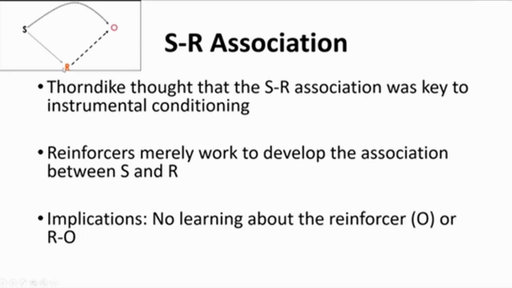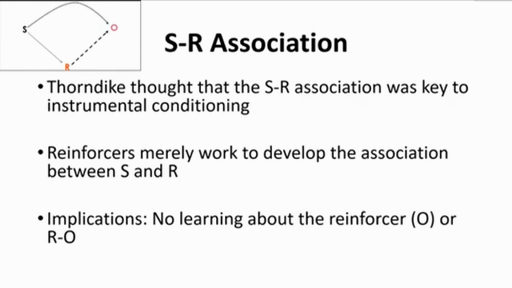And according to Thorndike, the reinforcer, this O term, merely served to stamp in, was his specific term, that association between the stimulus and the response. So the role of our O, the role of our reinforcer, is to strengthen the relationship between the stimulus and the response.